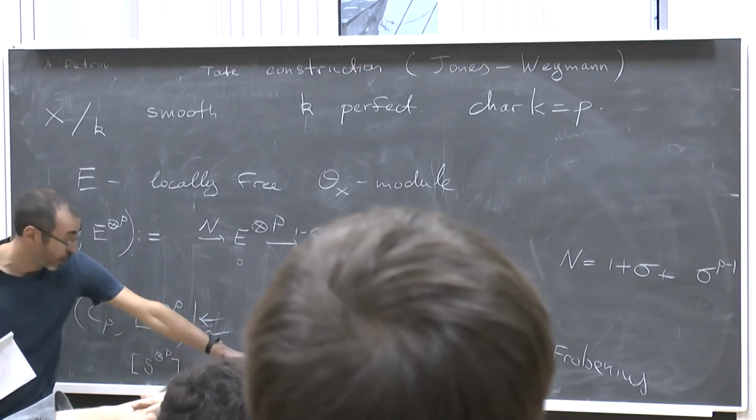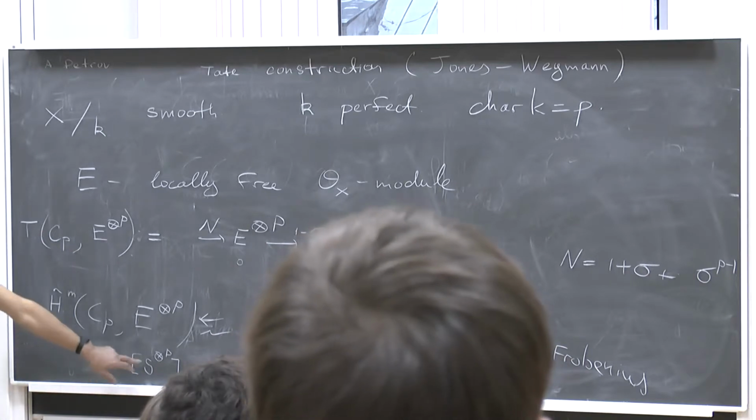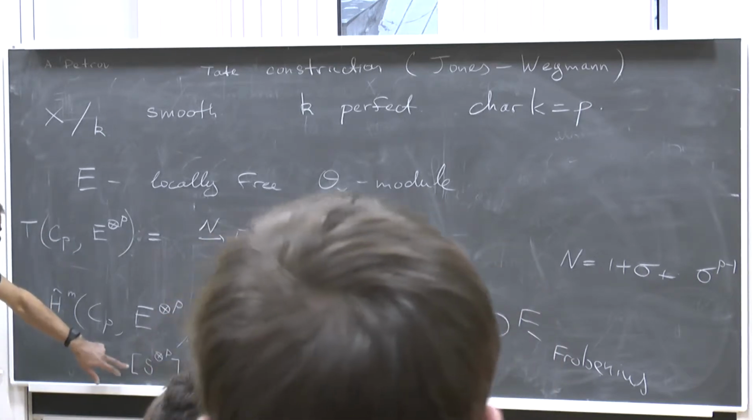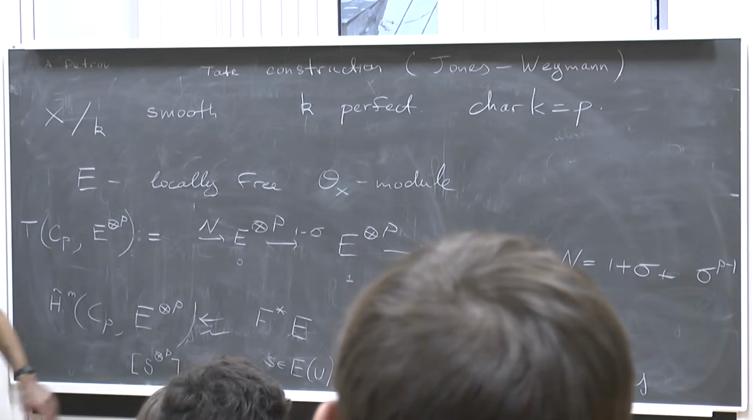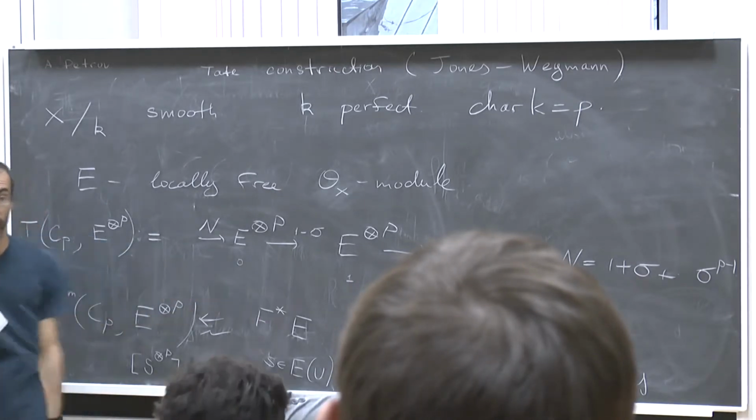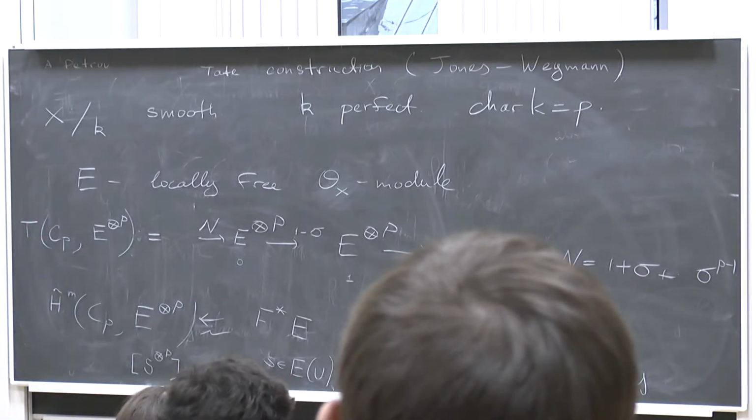As you see, if I multiply s by a function, this gets multiplied by the p-th power of this function, so it gives a well-defined map. And that's a nice thing.